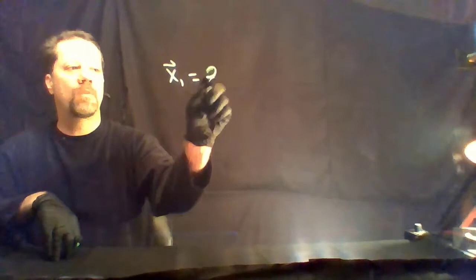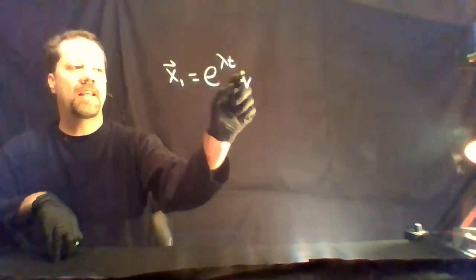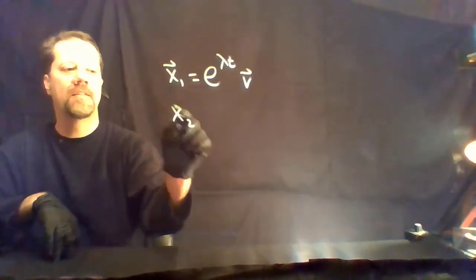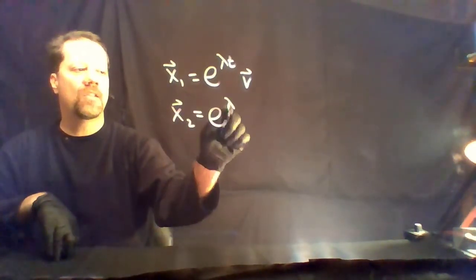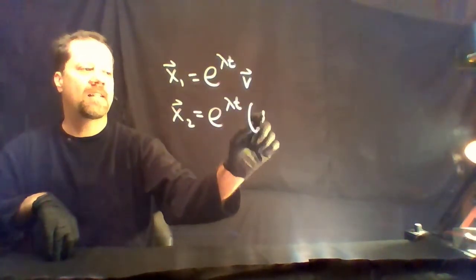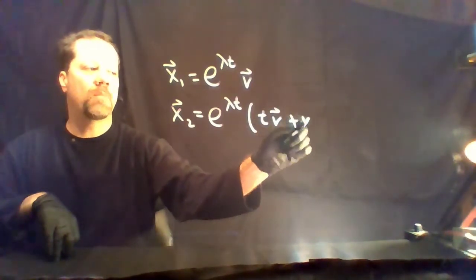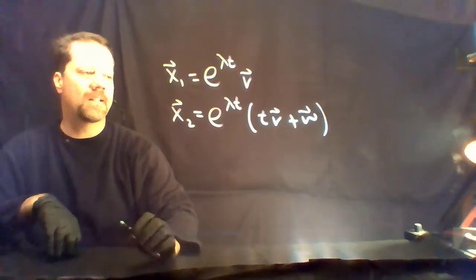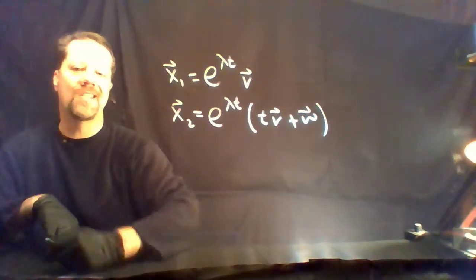Our strategy then is to find one solution, e to the lambda t v, where v is an eigenvector corresponding to the eigenvalue lambda. The second solution will be e to the lambda t times (tv plus w), where v is again the eigenvector corresponding to lambda, but w is a generalized eigenvector.